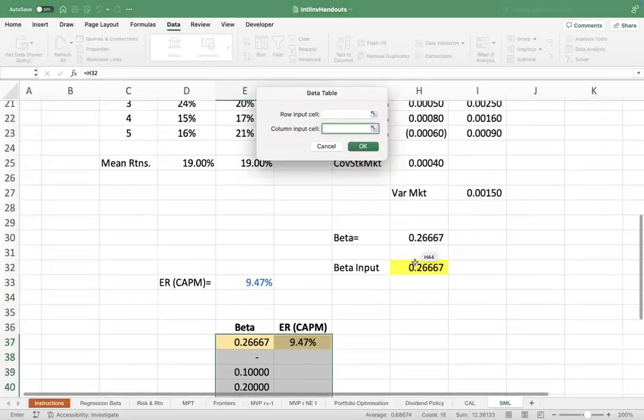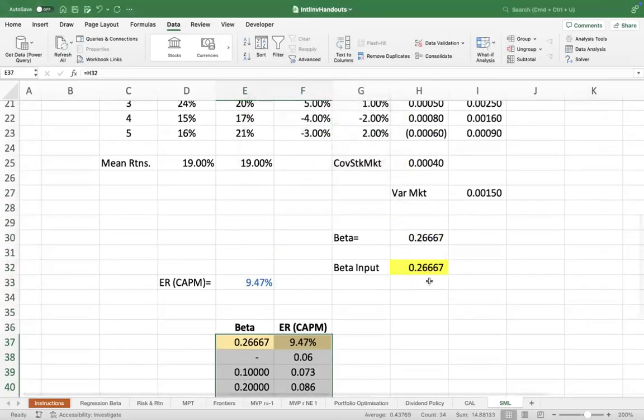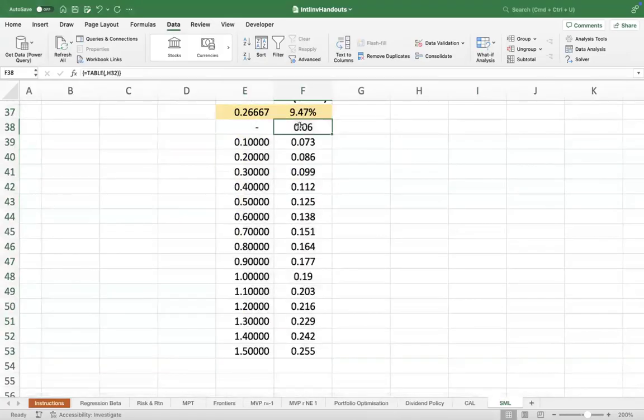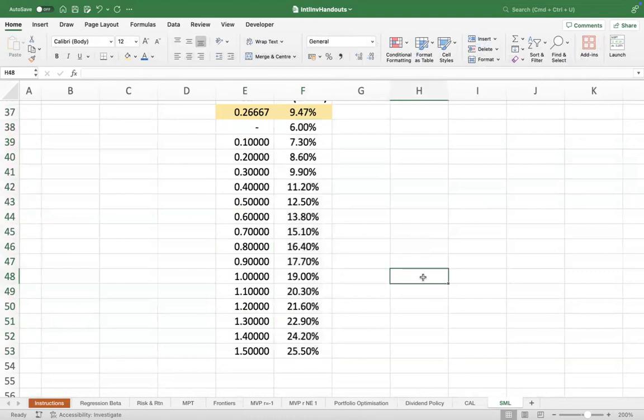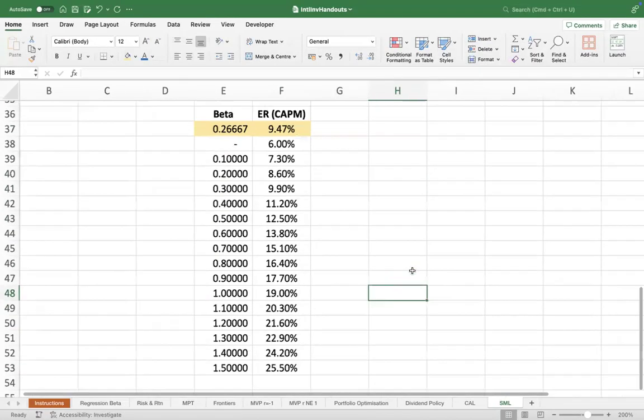So if I link it to this one here, I should get all my returns. Right? So what does it plot? This plots your systematic risk of beta on the x-axis and the expected return on the y-axis, right?